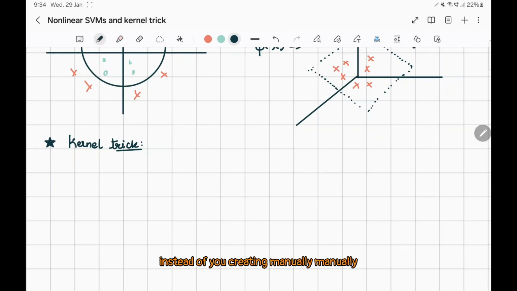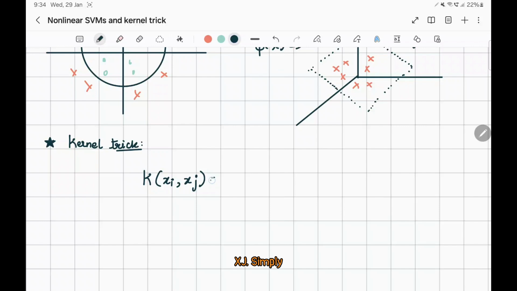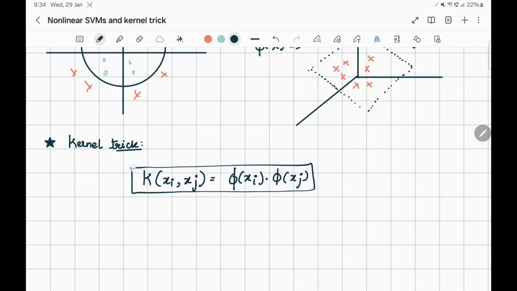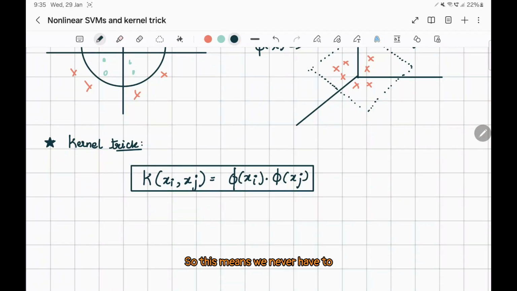Instead of manually creating high dimensional coordinates and computing dot products, we define a kernel function k which takes the input vectors xi and xj and simply maps them to the dot product of the transformed phi(xi) and phi(xj). This means we never have to compute phi directly. Instead, we have a mathematical shortcut that instantly gives us the dot product in the RKHS that I've talked about.